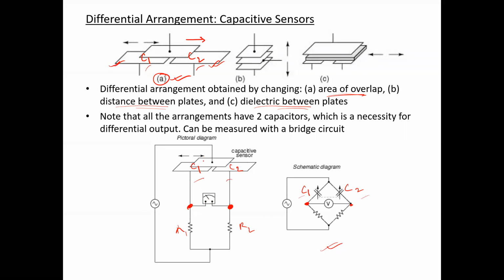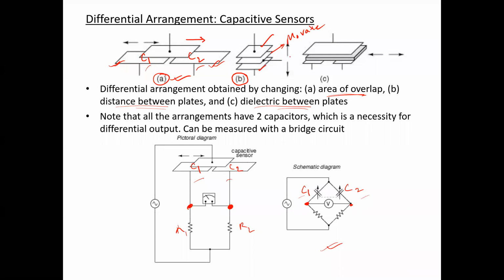Similarly, another differential arrangement of capacitive transducer can be obtained by the principle of varying distance between the plates. So in figure B, there are three plates connected one after another. For this type of arrangement, the upper plate and the lower plate is considered to be fixed, and the middle plate is considered to be the movable plate.